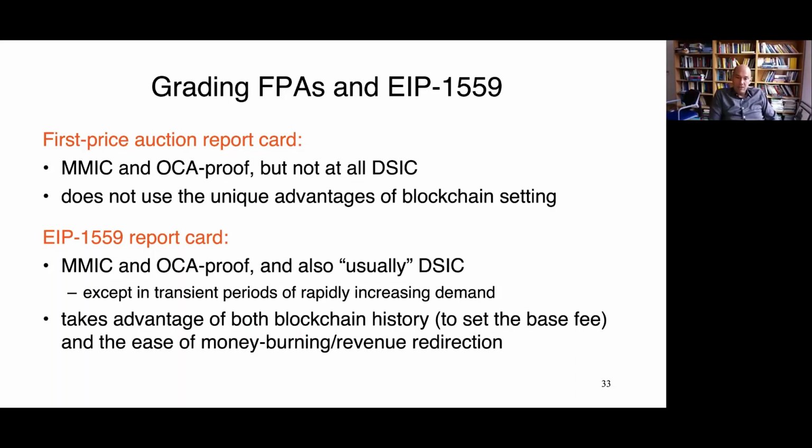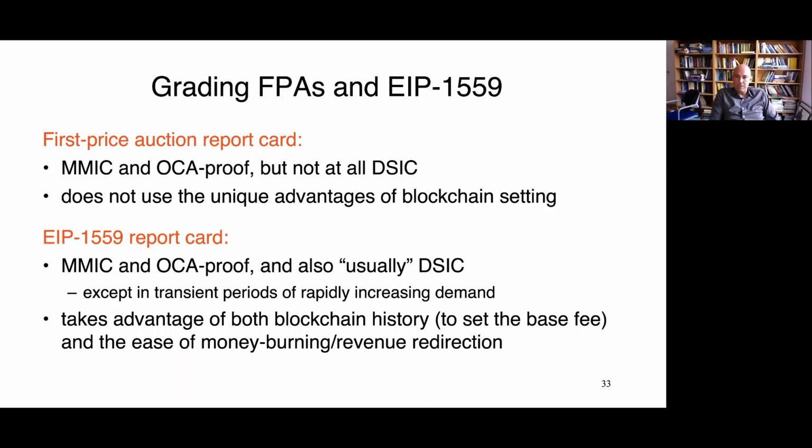And so with respect to the three criteria I mentioned, the good news is it's both MMIC and OCA proof. These are not hard proofs to prove, but it's not as obvious as for first price auctions. In particular, it's really important that the base fee is a function purely of the past history. It's independent of anything that happens in the current block. That's crucial for MMIC.